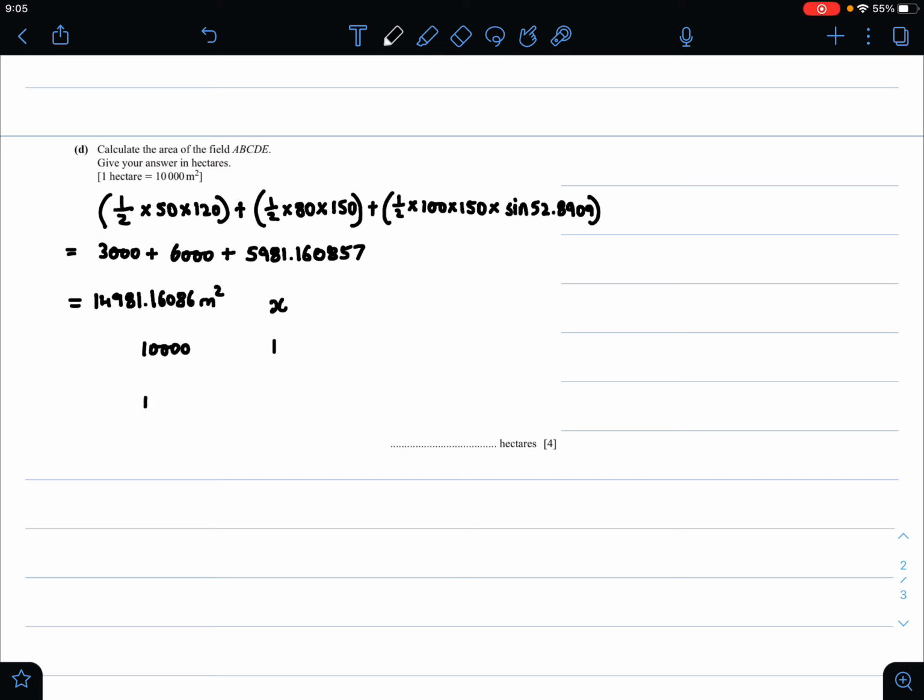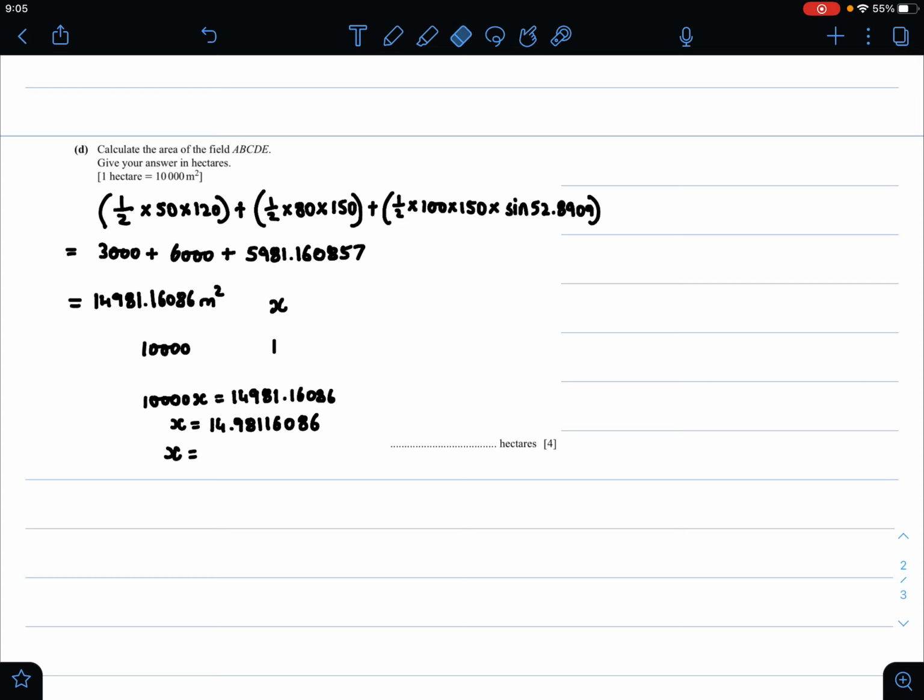So it would be 10,000x is equal to 14,981.16086 meters square. Therefore, x will be equal to 14,981.16086 divided by 10,000.